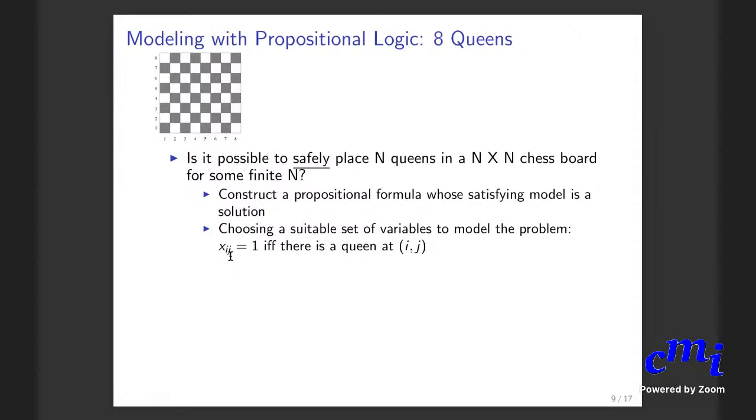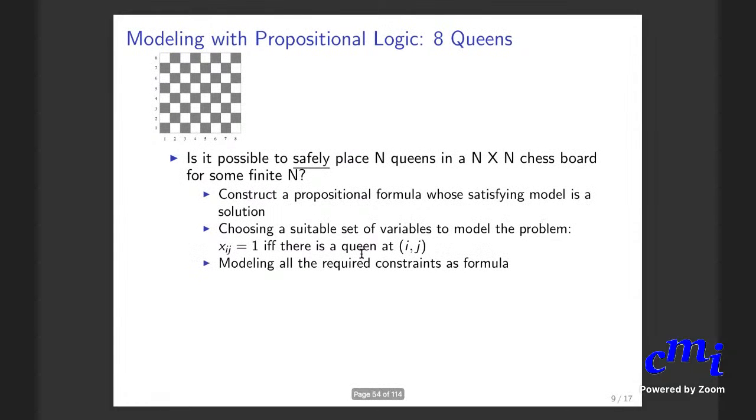The semantics of that variable: if it is 1, it means if and only if there is a queen placed at that position, at row I and column J. So for an 8x8 board we're using 64 such variables, each of which can take 1 or 0. And if it's 1, then there is a queen.